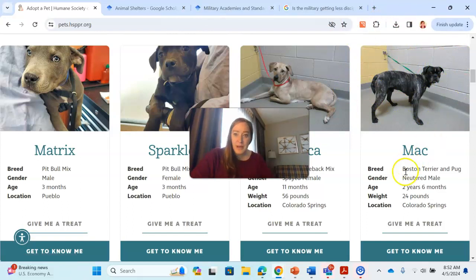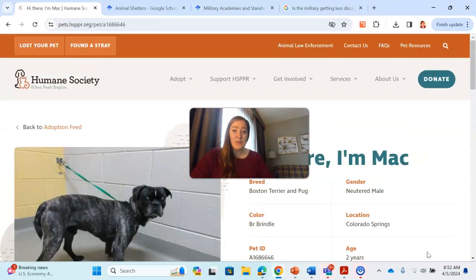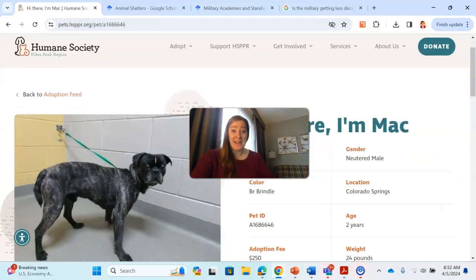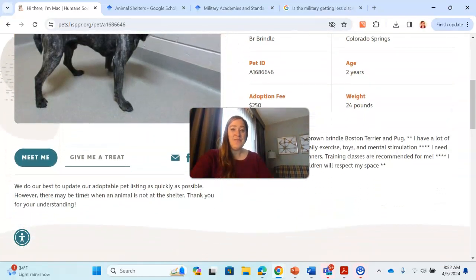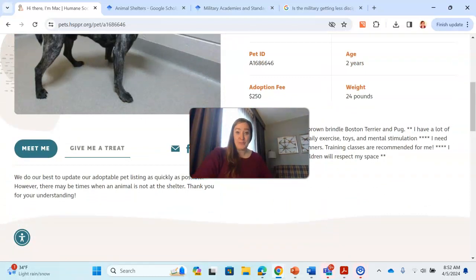We know that Mac is a Boston Terrier and Pug, that he's neutered, that he's 2.5 years old, and 24 pounds. But notice that we have the chance to get to know Mac, and it's framed as get to know me. And here's what we learn about Mac when we click in. Take a look at this get to know me description.